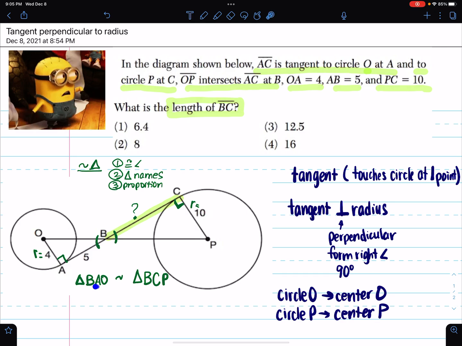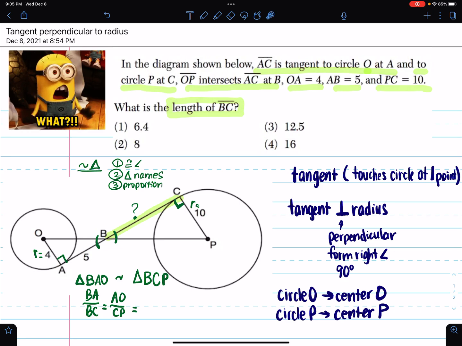So we have BA over BC, then AO over CP, and then BO over BP. Now we just plug in the information.